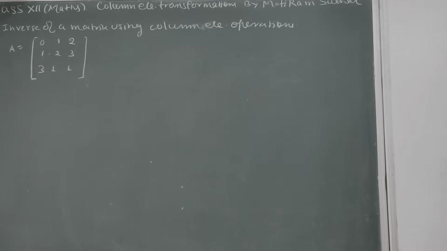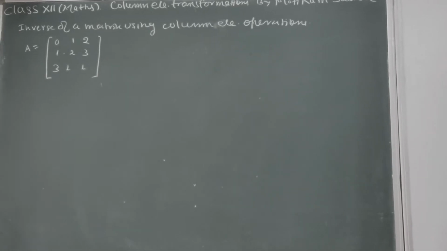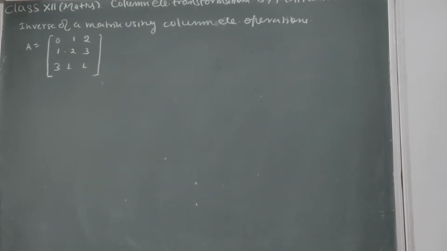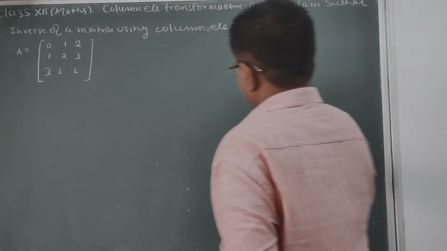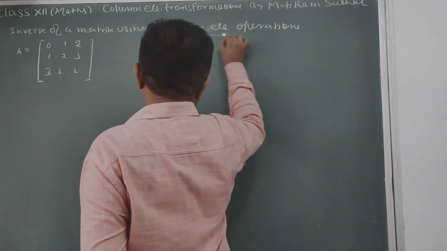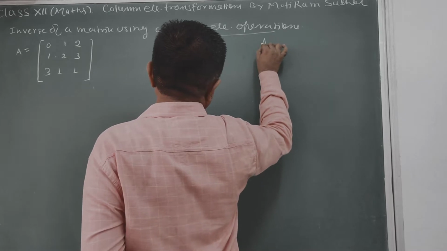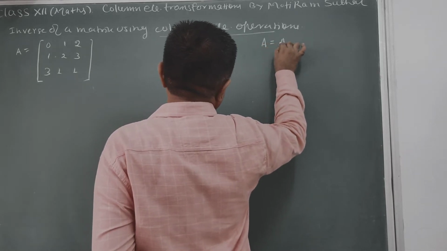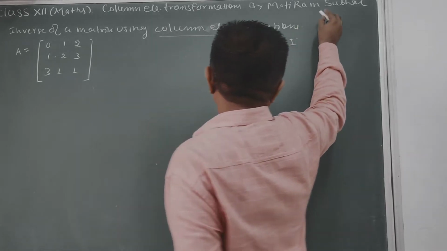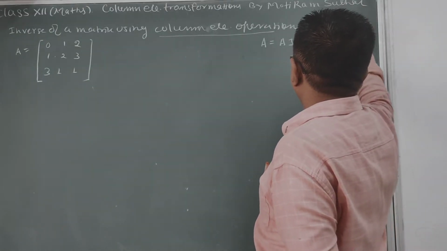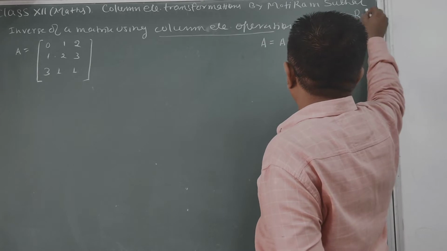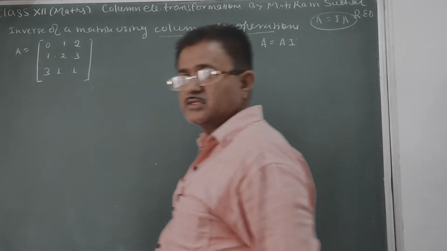With the help of an example, we can understand how to find the inverse. So let's see. For using column elementary operations, we may write matrix A as A into I. In the previous class, we wrote the matrix A as I into A, where we were using row elementary operations.